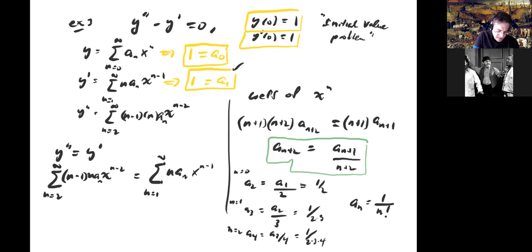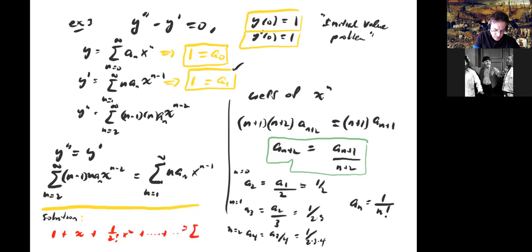So the solution to our equation is given by the expression a0, which is 1, plus a sub 1 times x, which is 1 times x, plus a sub 2, which is 1 over 2 factorial x squared, and so on. So in other words, this is the summation of 1 over n factorial x to the n, or in other words, since you know it, it's e to the x.